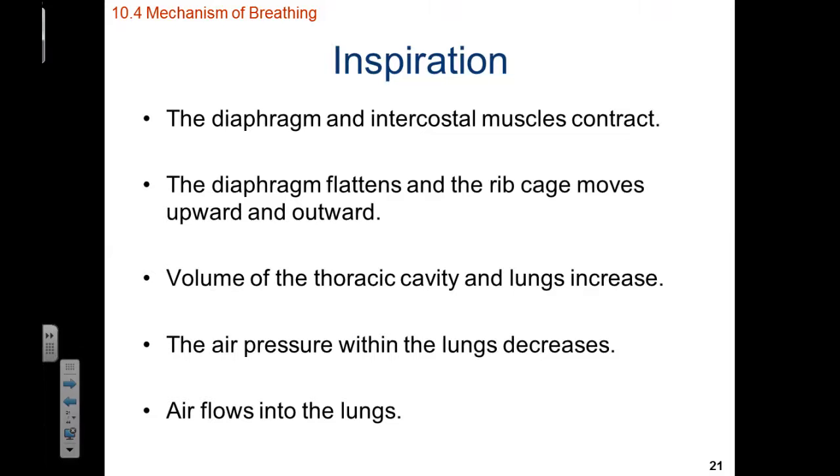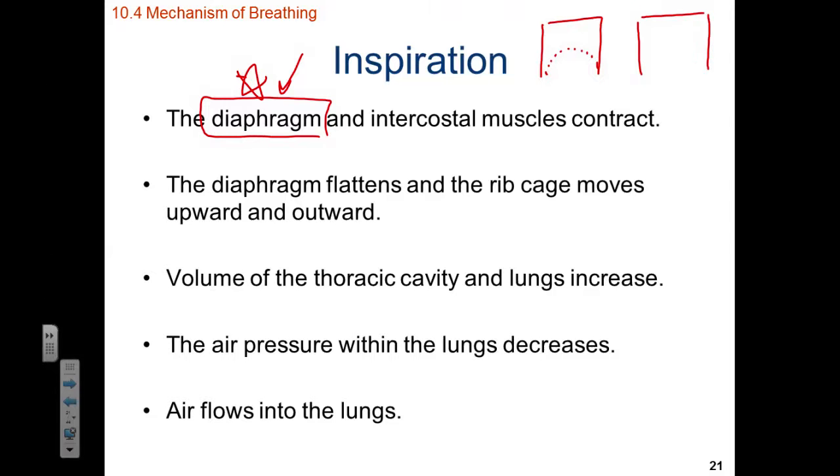So during inspiration, when air is going into our lungs, our diaphragm is contracting, and this is the single most important muscle for contraction. The diaphragm, that's an important one. And the intercostal muscles are also contracting. If that was my rib cage, when our diaphragm is relaxed, it's arched up.